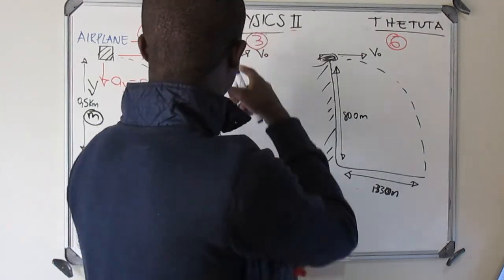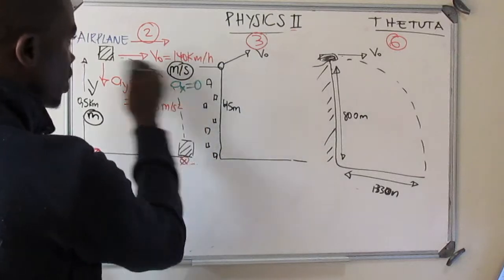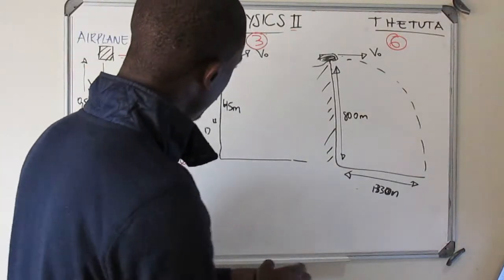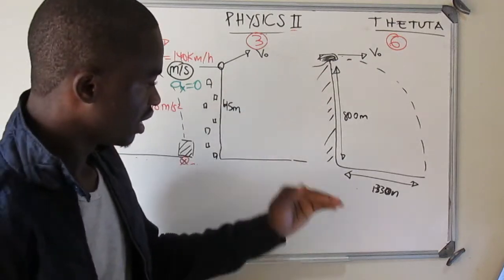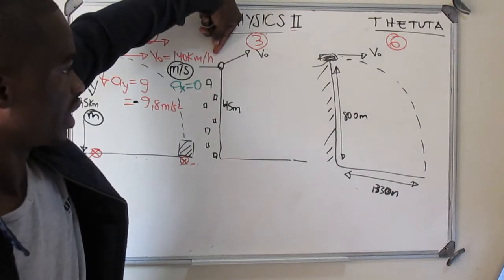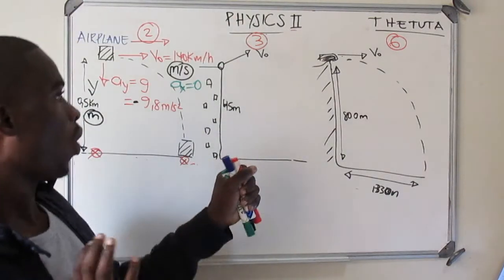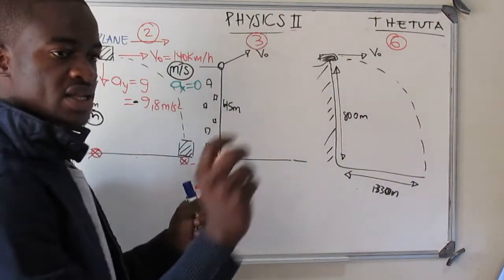Okay? So let's have a look at question 3 and see what the difference is between the two. So remember, with question 3 here, someone is on top of a building. And then this person throws a stone. Can you see? So there is a force, there is an initial speed.